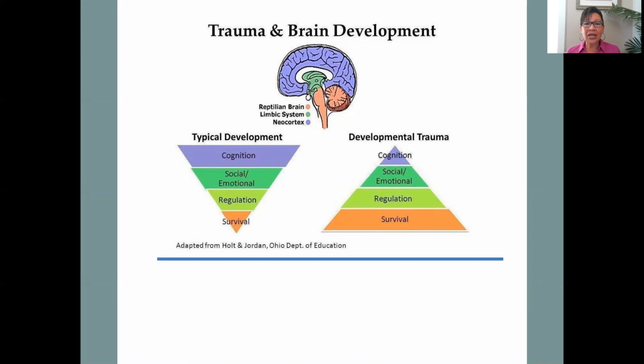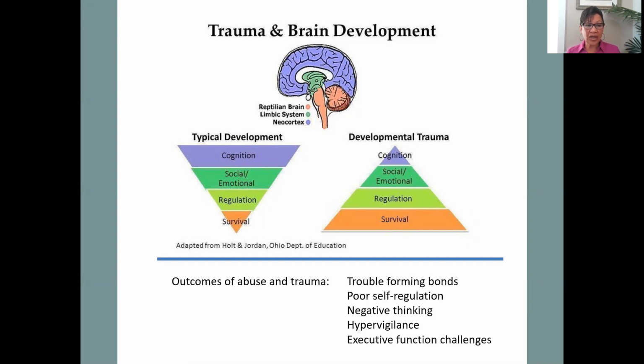Whereas when a brain is under developmental trauma, because of the things that we talked about in the last slide, children have trouble forming bonds and they have poor self regulation. They have persistent negative thoughts that they can't disabuse themselves of. They are hyper vigilant because they are in survival brain and not in learning brain. We know that trauma disrupts attachment, cognitive development, emotional agency, and also executive function.